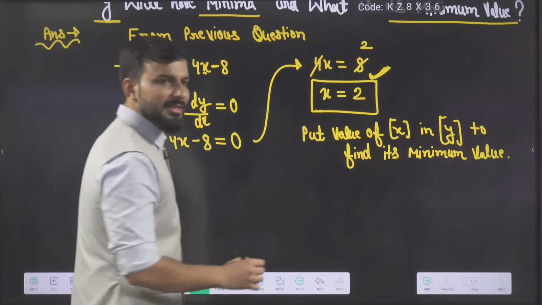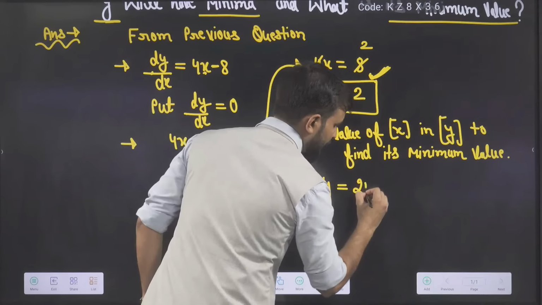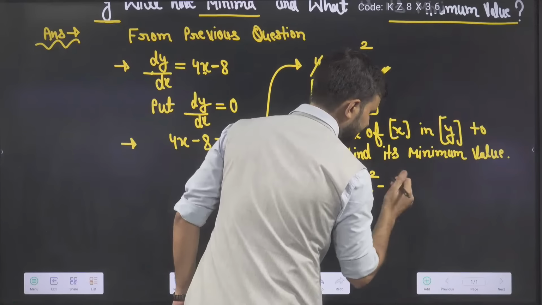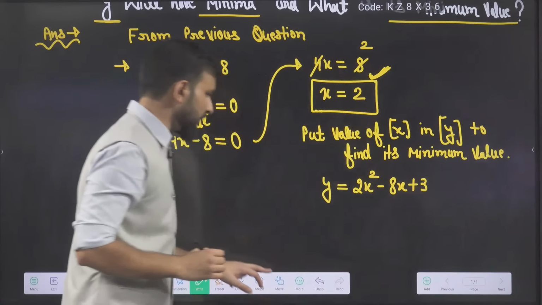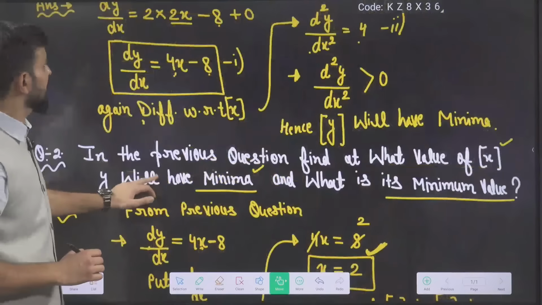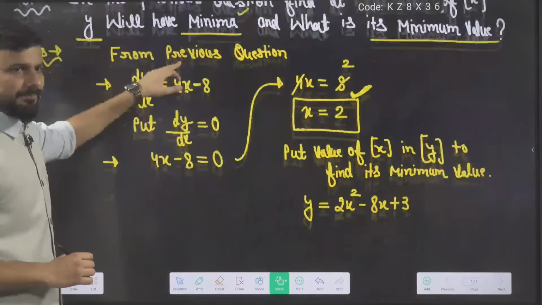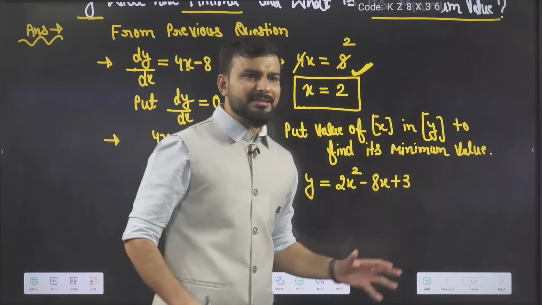So what was the equation you are having? y is equal to 2x square minus 8x plus 3. Let me check in the question. Yes, 2x square minus 8x plus 3. So that is the equation we are having.